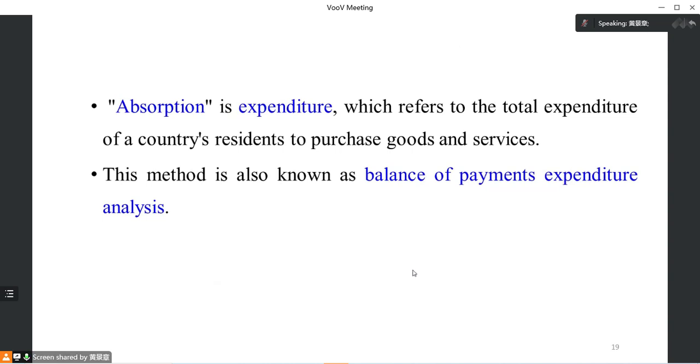In this chapter, absorption means expenditure.